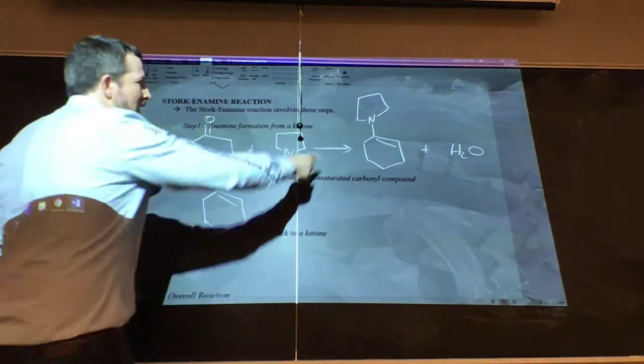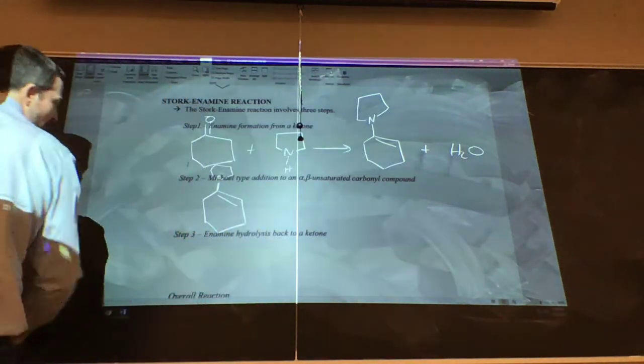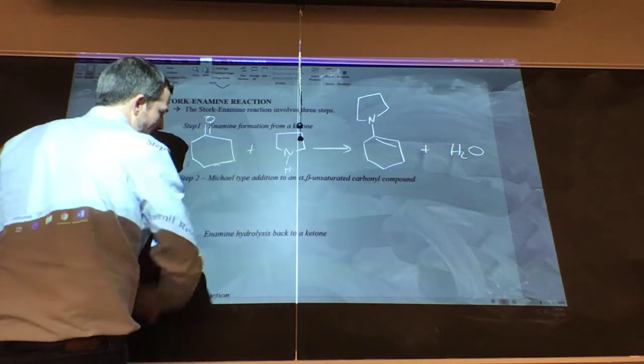Okay, so I'm just trying to draw this. Let me move it down so you can see a little better.